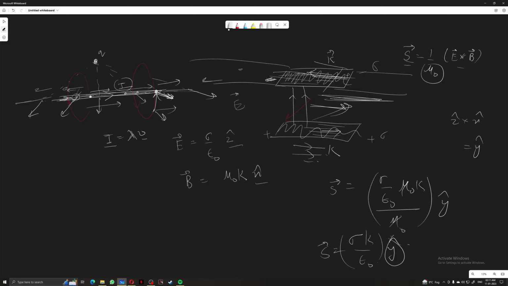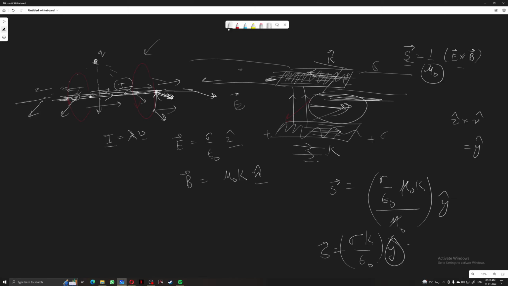And to sustain this constant current, you will have to pump some energy in or maybe take out some energy, and that local delivery of energy is accounted for in this S vector. So it tells you in which direction the energy is moving away from the system, or in which direction the energy is transported.